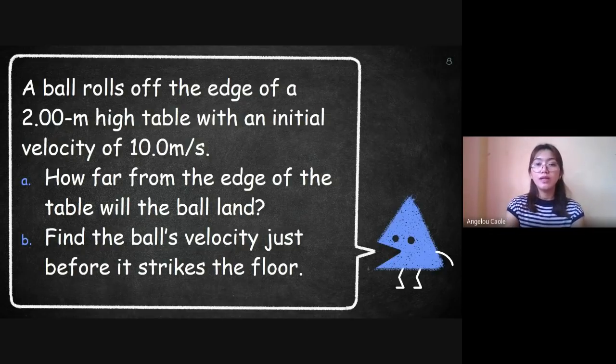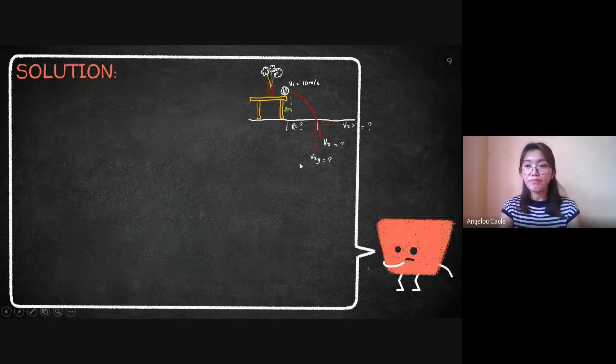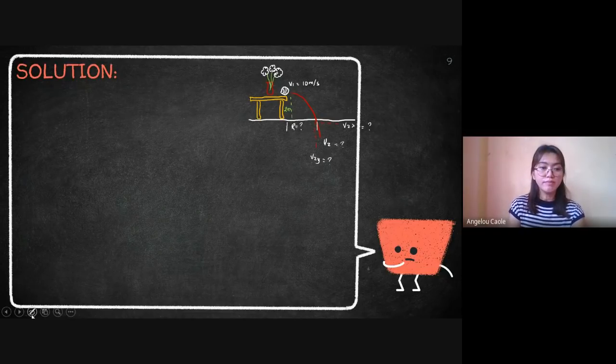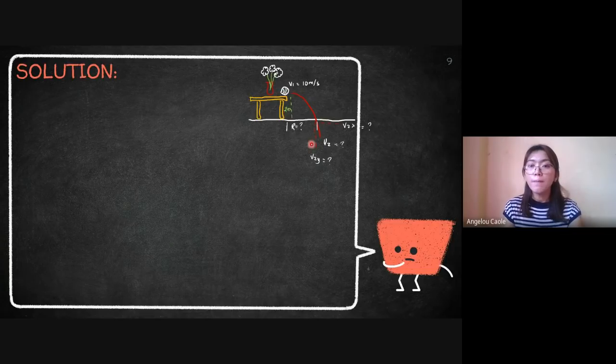So let's see the illustration. VI is equal to 10 meters per second. The height from the edge of the table is 2 meters. And we are looking for the value of the range and the final velocity.